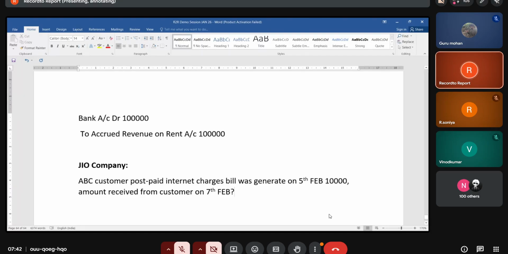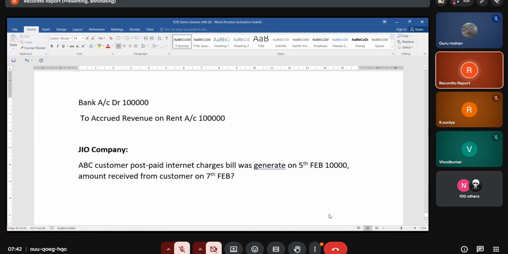Okay, fine. So for example, in the month of January, what entry is to be recorded, guys? ABC customer postpaid internet charges for January. The bill was generated on when? 5th February. So in the month of January, we need to take the last month's bill of the customer.